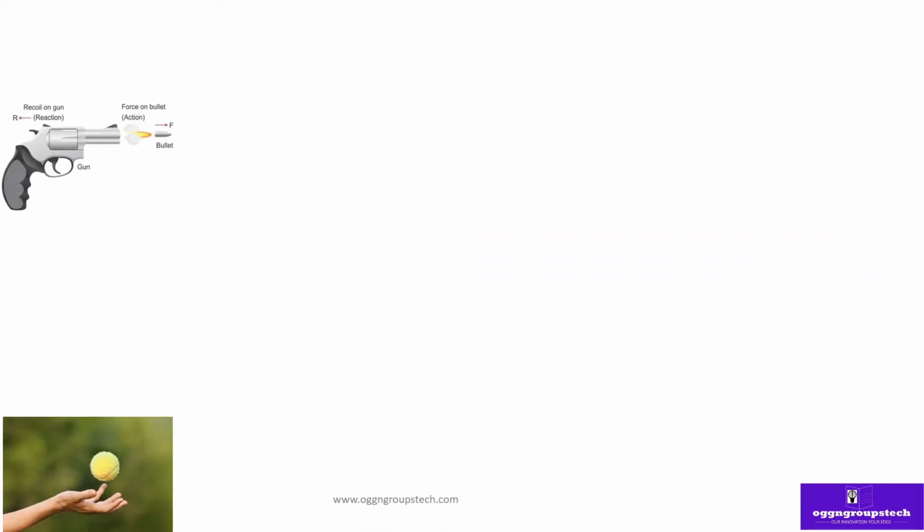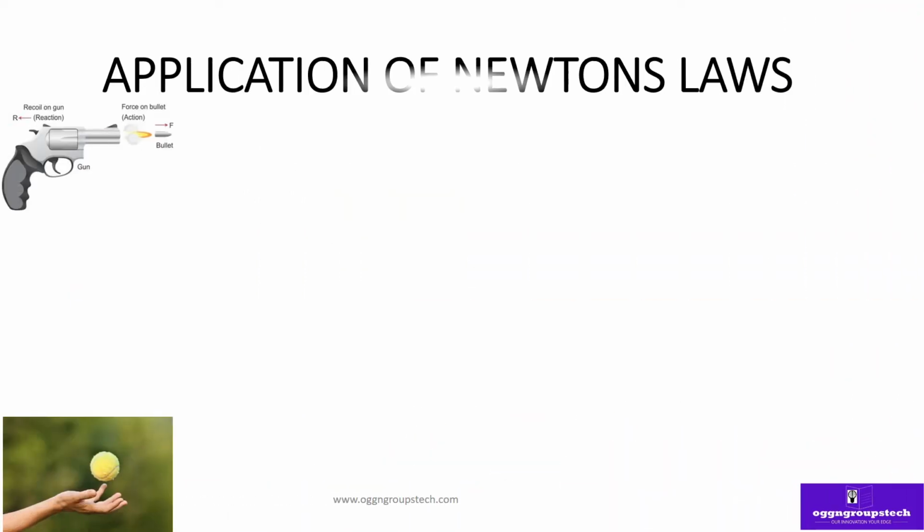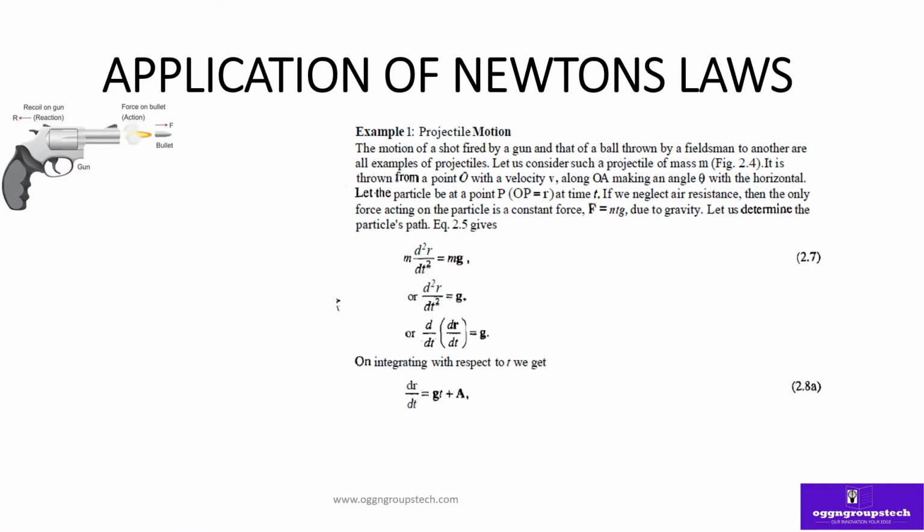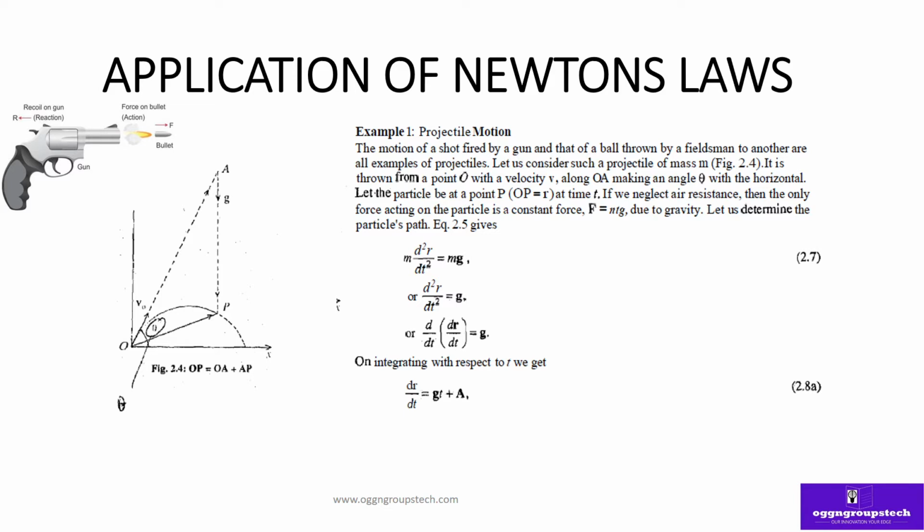For that we'll have a recap of what we did in our last class. We started with the applications of Newton's laws. In the first application we started with projectile motion, how the object travels along a path.